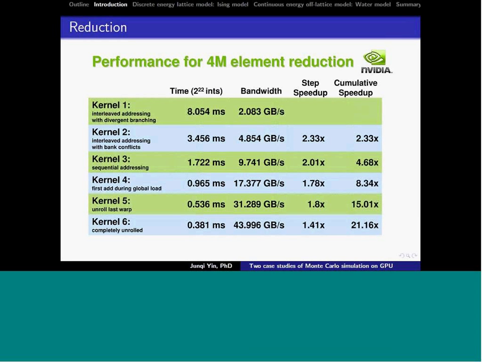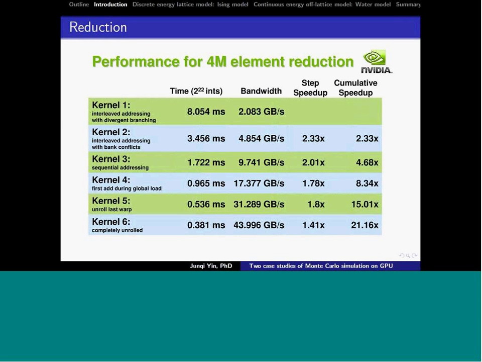That's a 20 times speedup with respect to the initial kernel we wrote. Most of the speedup actually comes from the bandwidth, because for a lot of scientific applications on CUDA, the arithmetic intensity is not that great.